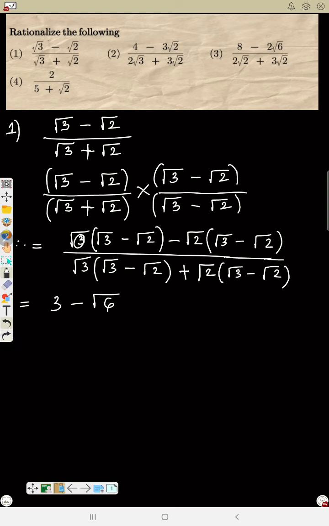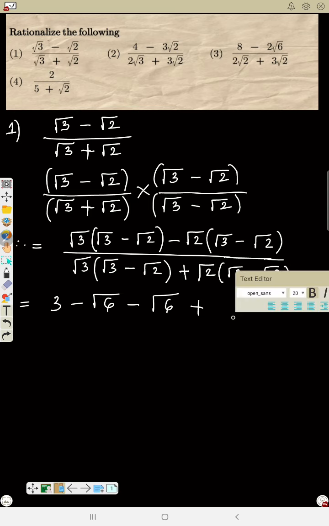Then root 3 times root 2 is root 6. Then minus, now square root of 2 times square root of 3, that is minus square root of 6. Then minus times minus will give us plus. Then square root of 4, you can see 2 times 2 is 4, and square root of 4 is 2. So in this case this will be 2.